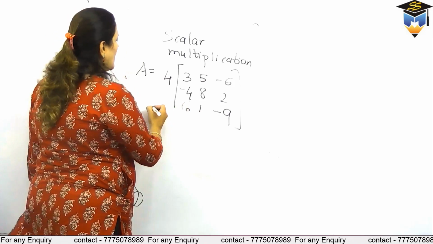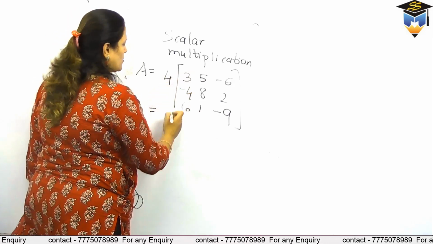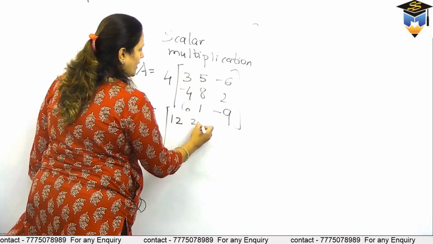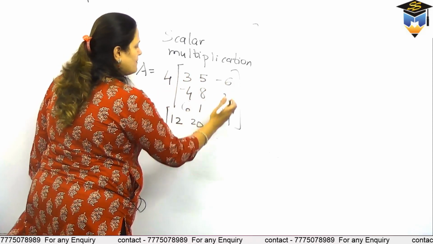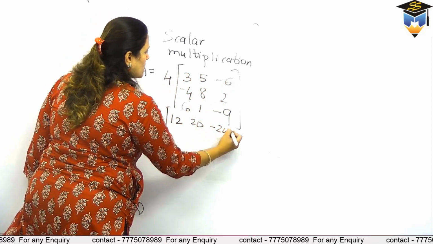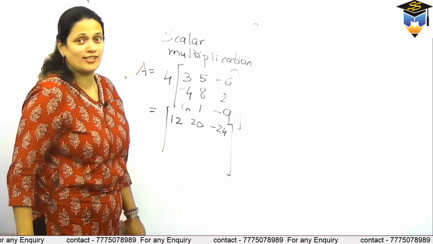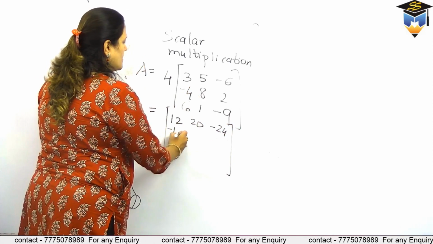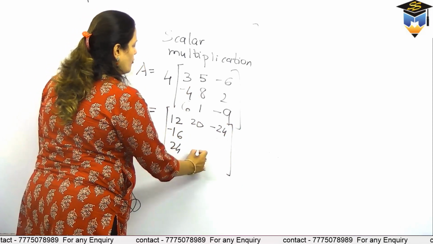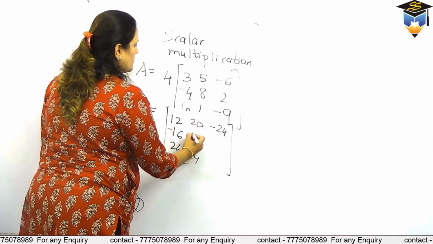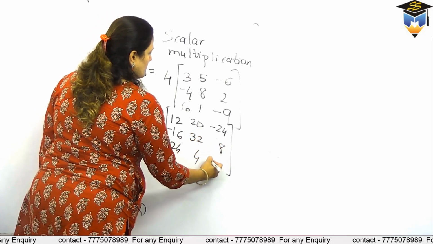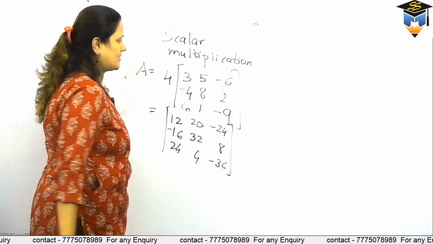Yes, I am going to multiply 4 times 3 is 12, 4 times 5, 20, 4 times minus 6, minus 24. Do not forget to give the sign. Alright, then 4 into minus 4 is minus 16, here is 24, here is 4, 32, 8, minus 36.